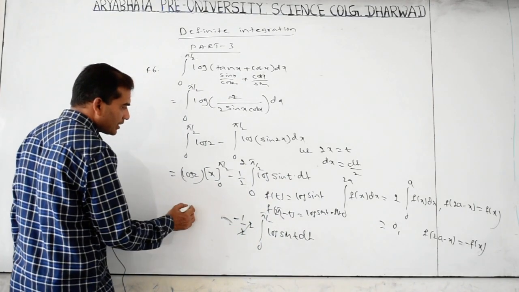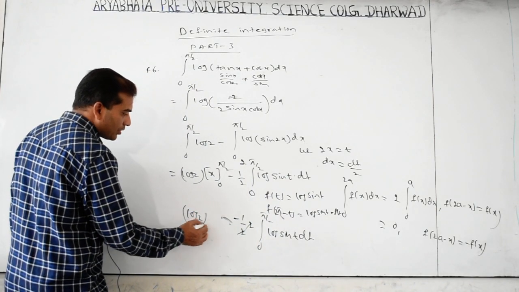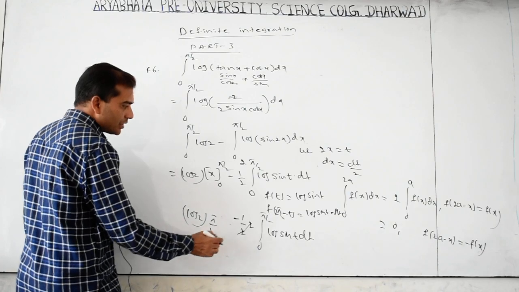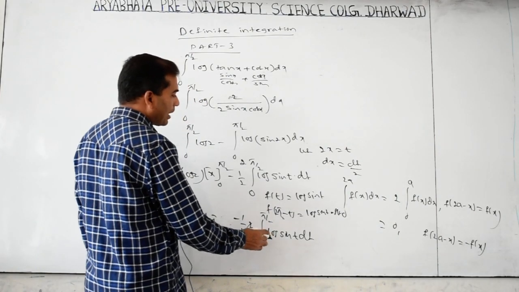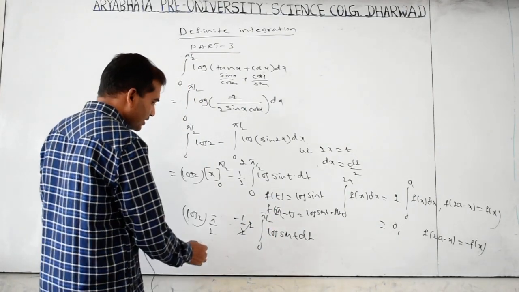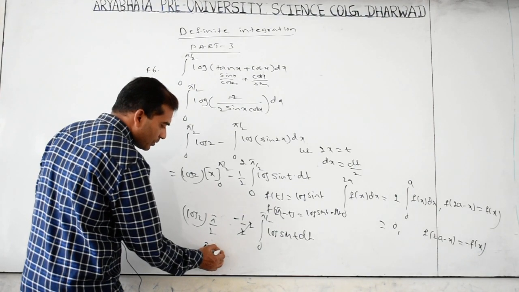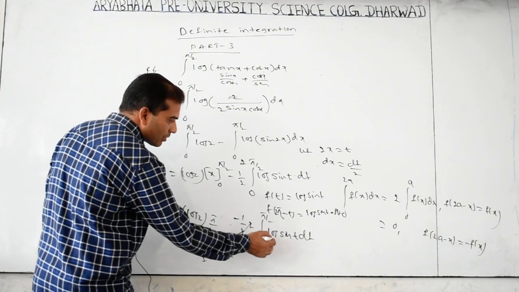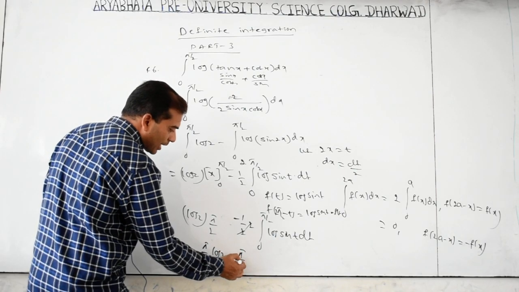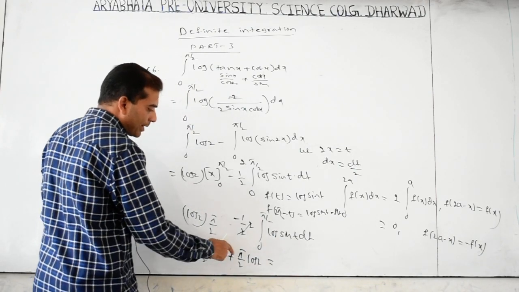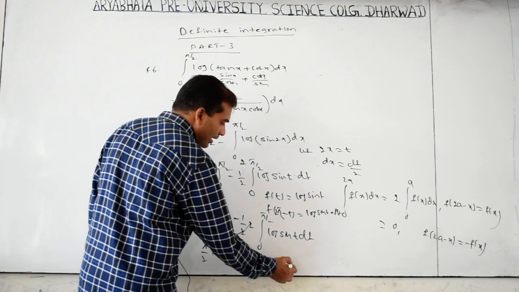This gets cancelled. So log 2 into pi by 2. This is the standard formula, the integral from 0 to pi by 2 of log of sin t dt, which we just now discussed. Pi by 2 log 2 minus of minus, this is equal to minus pi by 2 log 2 plus pi by 2 log 2. So pi by 2 log 2 plus pi by 2 log 2 is pi log 2.